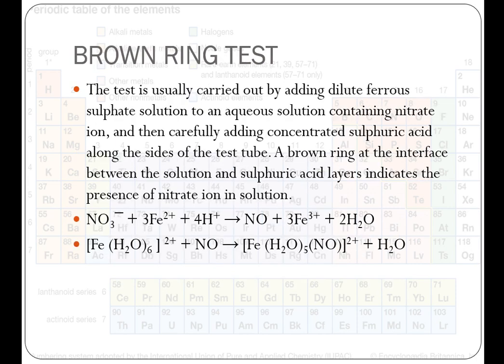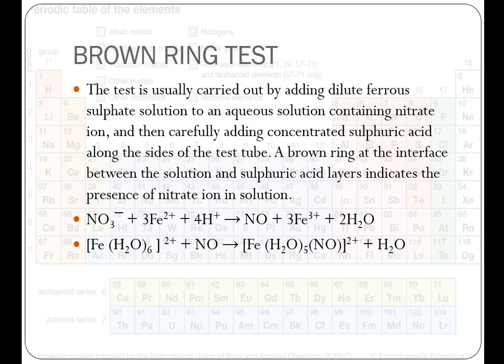Brown ring test. All of you must have done the brown ring test in the lab while detecting nitrate in the salt. The test is usually carried out by adding aqueous ferrous sulfate solution to the aqueous solution of the salt and then carefully adding concentrated sulfuric acid along the sides of the test tube. You get the brown ring at the interface of the two solutions.